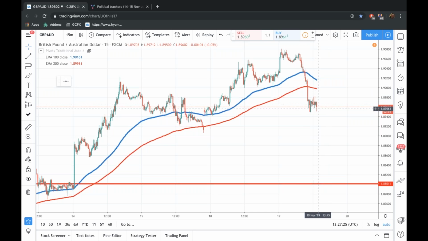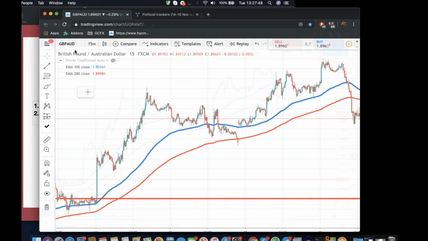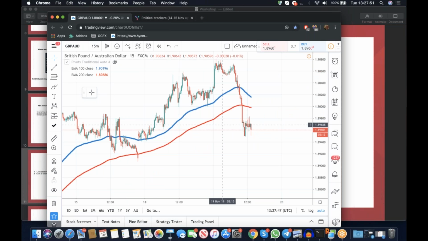If price does recover from here, then I'll be looking at 1.9040, 1.9050 as my profit target up there. Now the Australian dollar is being supported on these risk on tones. So the focus is going to be risk on or risk off sentiment with US-China, a trade war. So that's where we are with that.